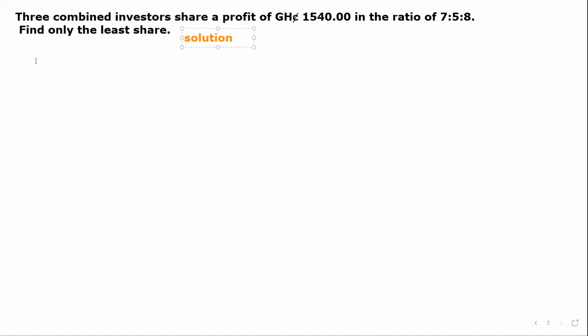And then the first thing when you are sharing a quantity or amount of money by a given ratio, the first thing you have to do is find the total ratio.